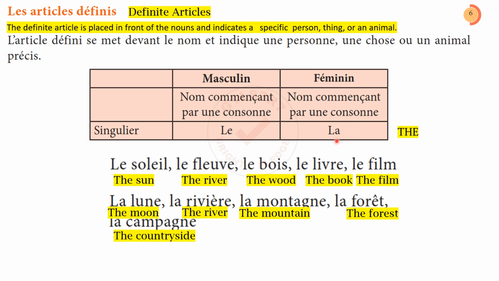The meaning is "the". And a few examples from your textbook: le soleil, the sun, le fleuve, the river, le bois, the wood, le livre, the book, le film, the film, la lune, the moon, la rivière, the river, la montagne, the mountain, la forêt, the forest, la campagne, the countryside.